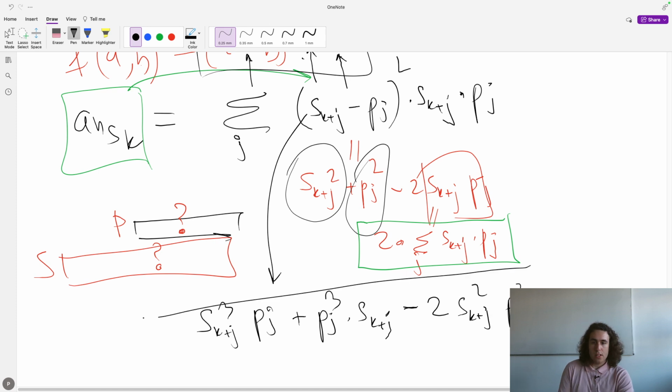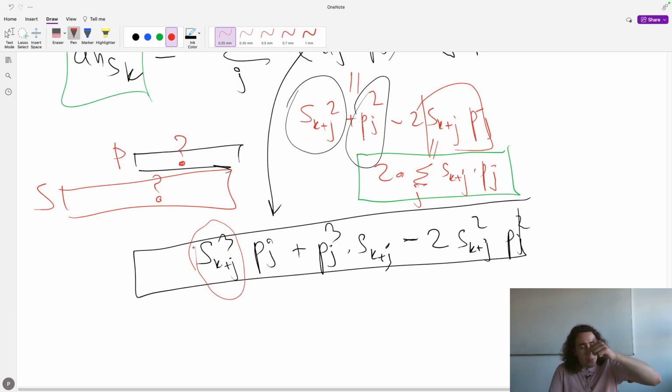And this is just three different convolutions. We take an array where we cube all the values of s and we convolve it with p. We take an array where we cube all the values of p and we convolve it with s. And we square the values in s and p and we convolve them together. So using just three convolutions, we can do our pattern matching in the general case.